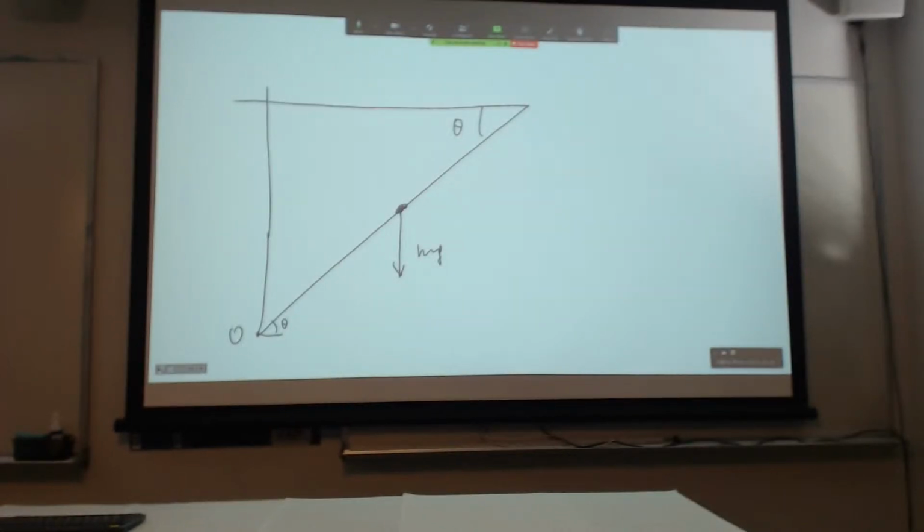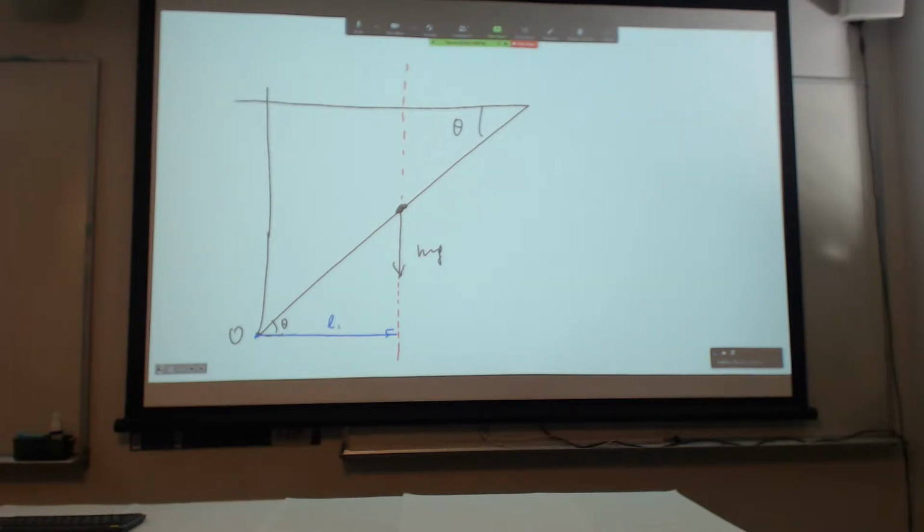And now, again, you have to repeat the procedure for a lever arm. What do we do first? Extend the mg. Yes, we need to extend it to see the line of action. What do we do now? From the axis, draw perpendicular to that. Yes, because the lever arm is the shortest distance from the axis of rotation to the line of action.